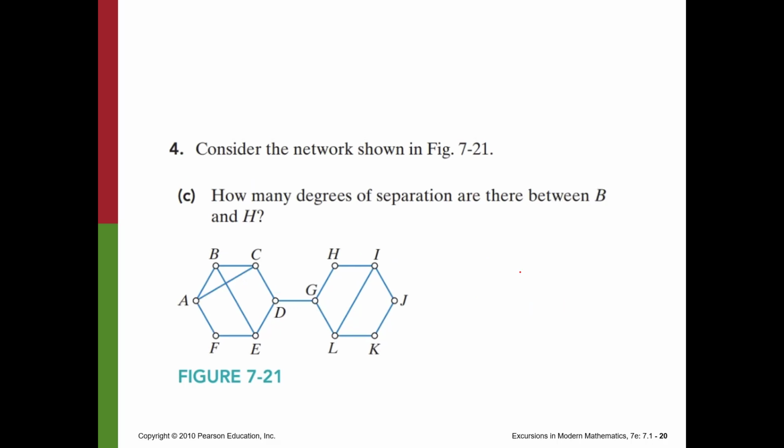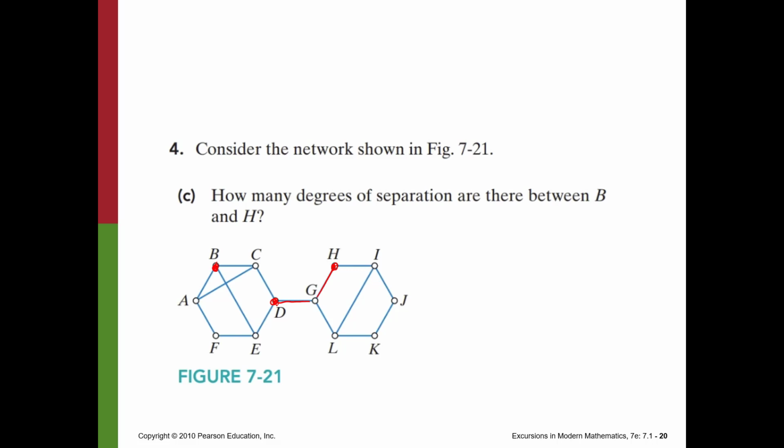How many degrees of separation are there between B and H? H is over here, B is over here. Again, regardless, we have to go through D. So the only way to get to H after we go through D is G and D. And so then the question is, what's the quickest way from B to D?